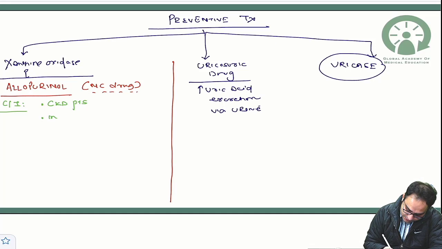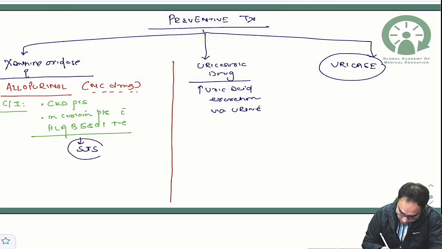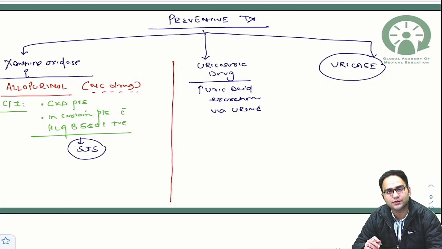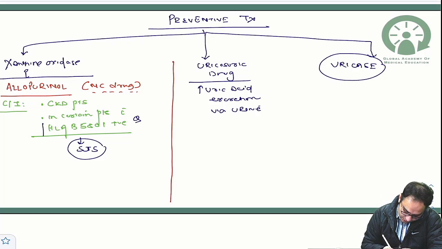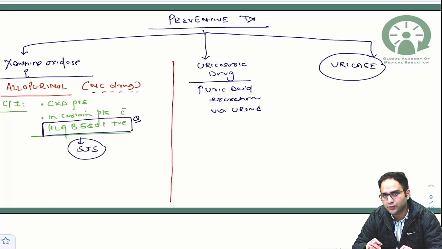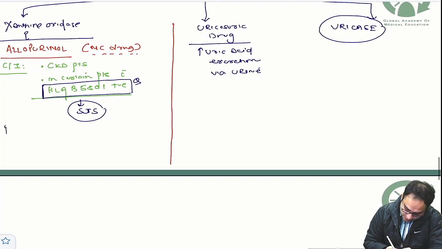And in certain patients with HLA 5801 positivity, they have a high chance of developing Steven-Johnson syndrome. So you have to remember this genetic association, that prior to starting of allopurinol, you have to do HLA 5801 levels, right?